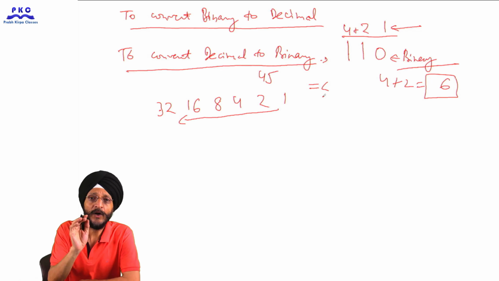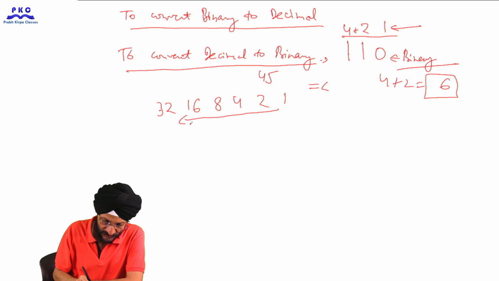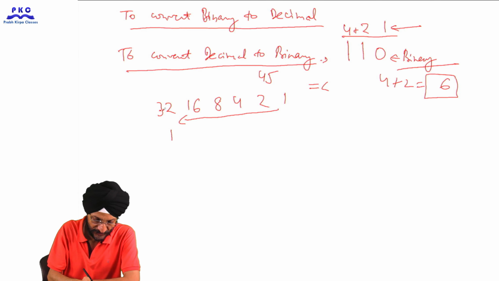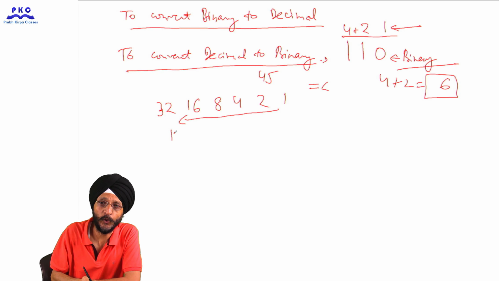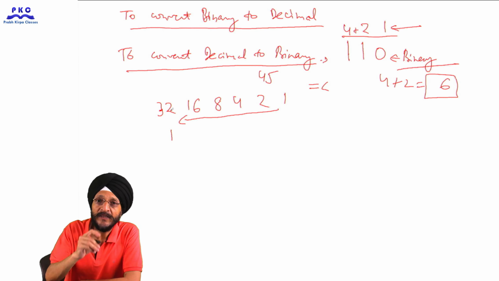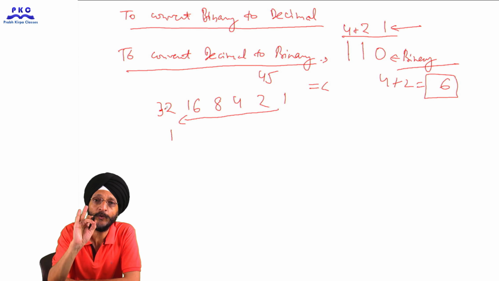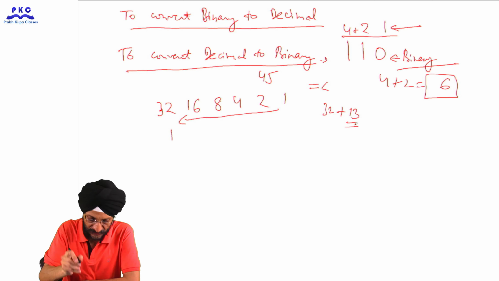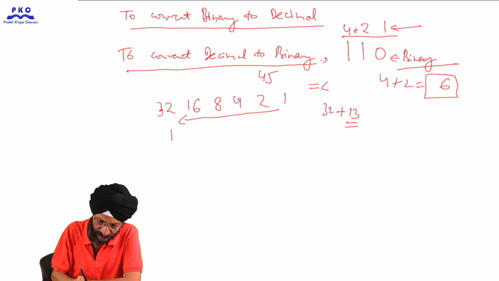So now we will start from the right side. We will write 1 below 32. What is the balance? If we deduct 32 from 45, the balance is 13. So 45 is 32 plus 13. How can we get 13 from these numbers?